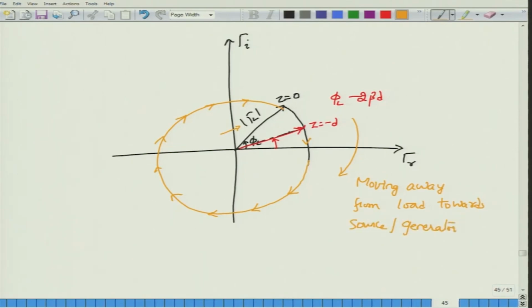This is the movement along the transmission line away from the load and towards the generator. So you would actually move like this.